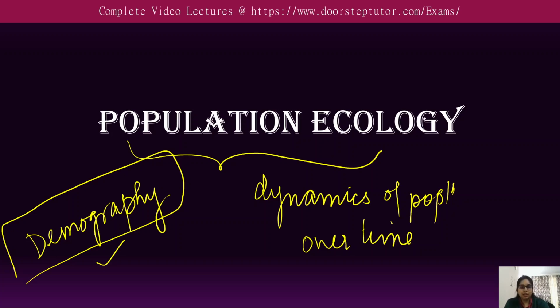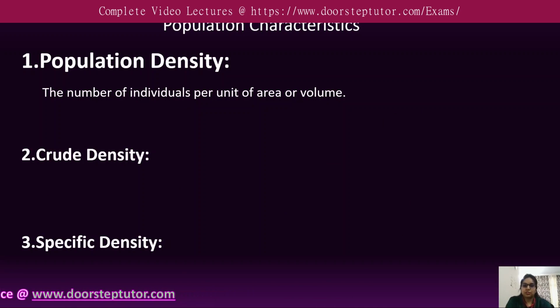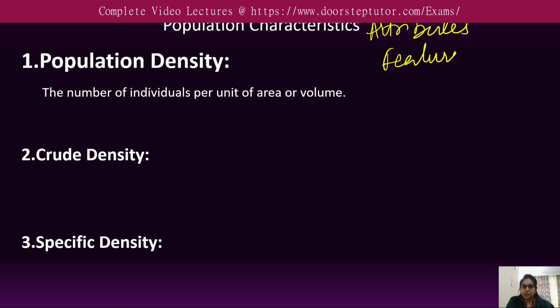Let's see what the population characteristics are. The population characteristics refer to the various attributes and features that describe the group of individuals within a particular area or species.